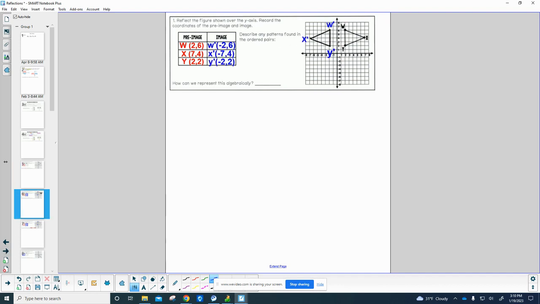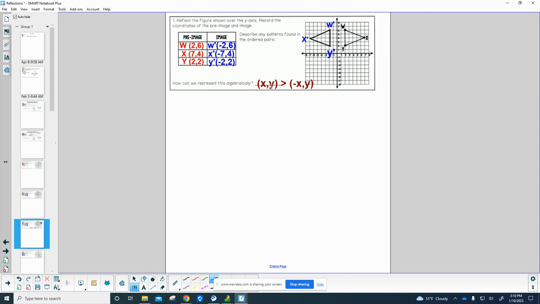It's going to be kind of pointing in the other way if you think of it as an arrow. And then the coordinates themselves, if you notice, you still have the same numbers, but all of the x values became their opposites because we shifted it over to quadrant 2. So how do we describe that?